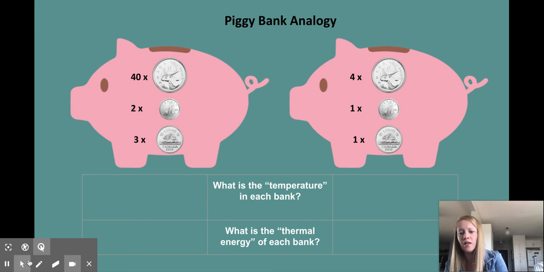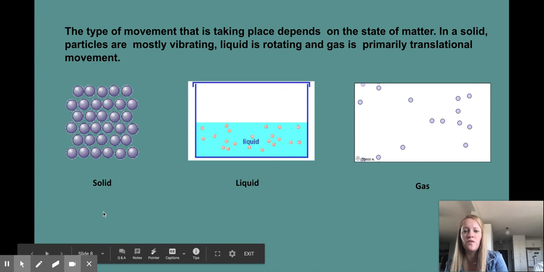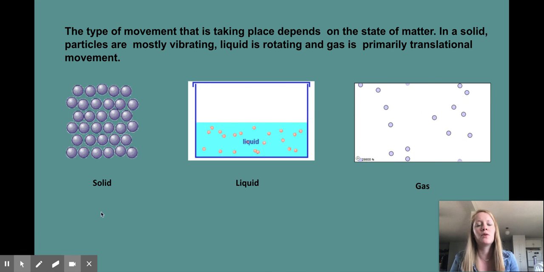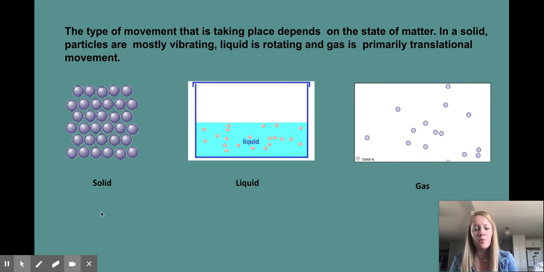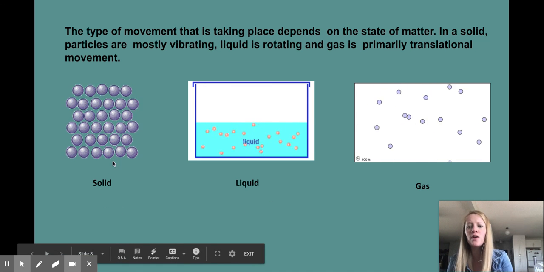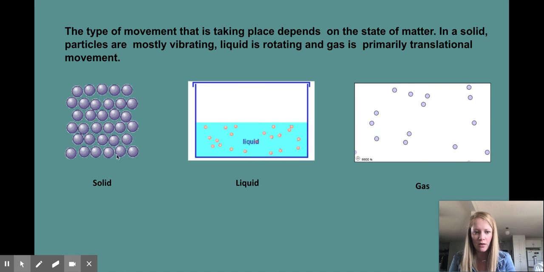It's our big idea, and the fact that we know that particles are constantly moving, and it doesn't matter whether they are in a solid, liquid, or gas state, that movement is occurring. Okay? Solids are barely, mostly just vibrating. Okay?